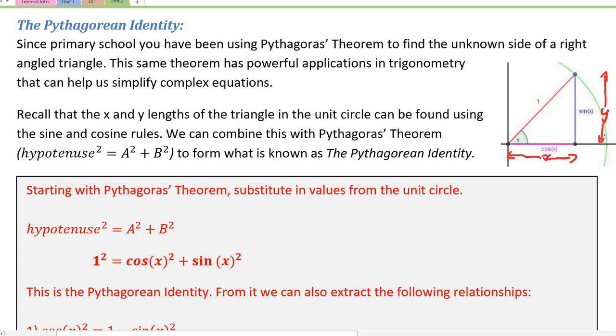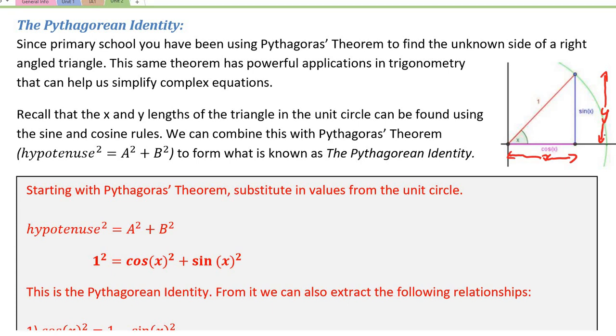So for instance, if I was sine of pi on 6, what would my y coordinate be? Not a trick question.